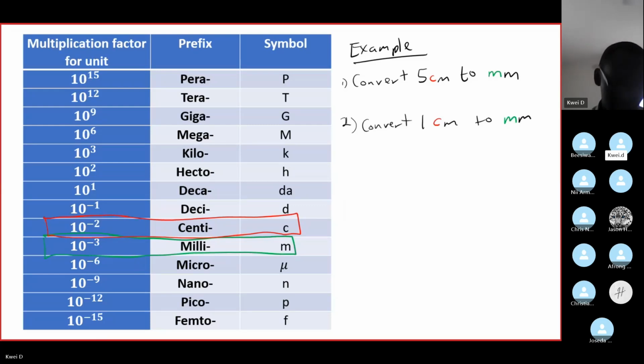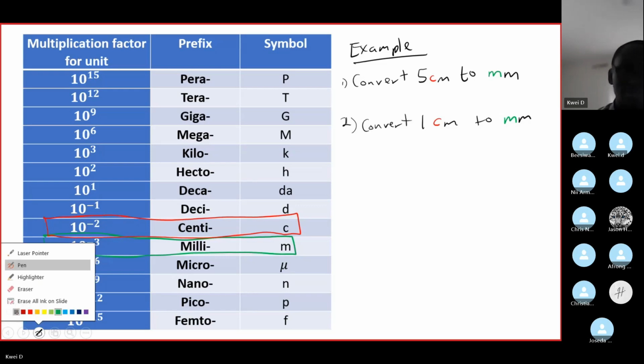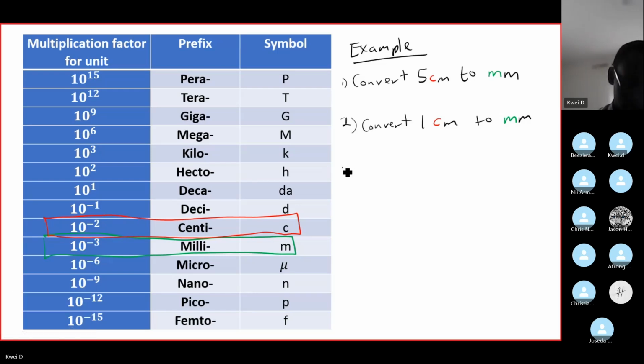I hope you are following. The number 3. Convert 500 grams. See that there's no prefix attached to it. To kilogram.